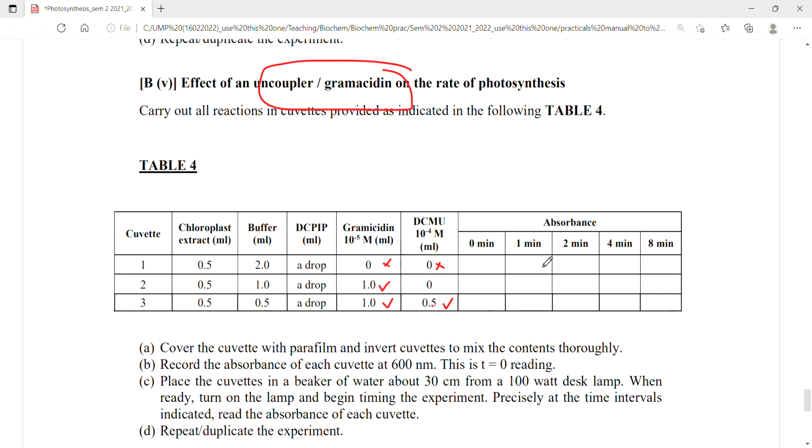Again, do the exposure to the light source for 1 minute, 2 minute, 4 minute, 8 minute, and then compare the reaction rate compared to having gramicidin alone, having DCMU alone, and also having a combination of gramicidin and DCMU, okay, as well as not having at all.